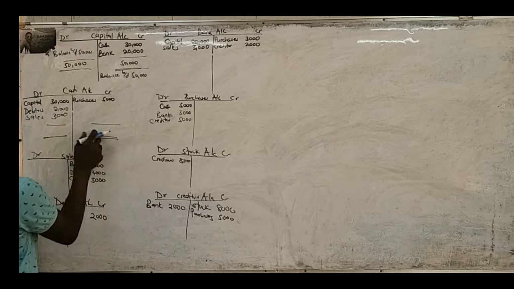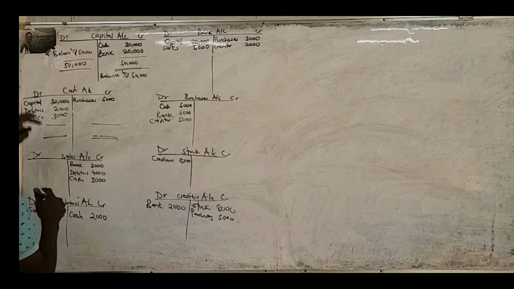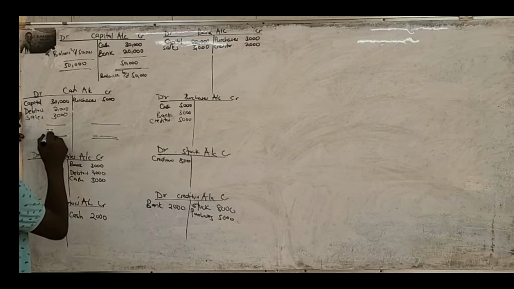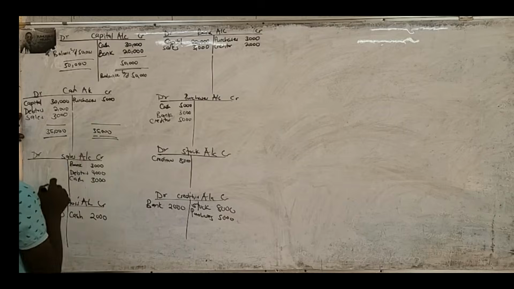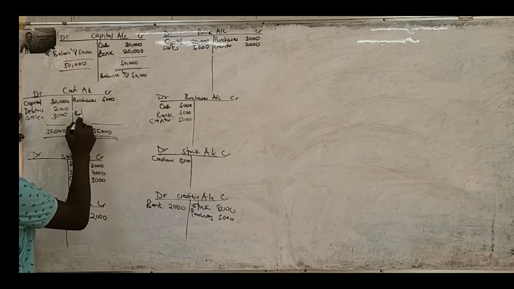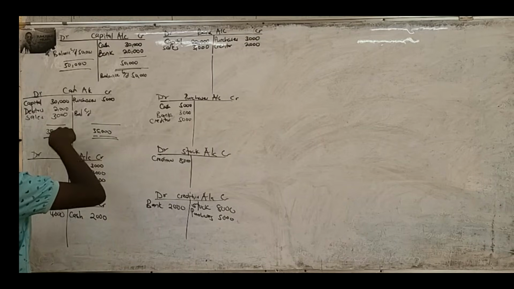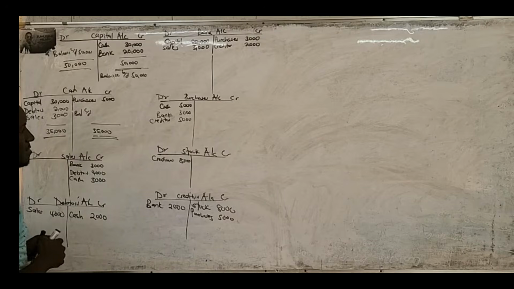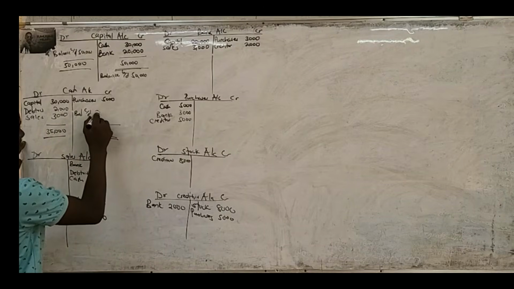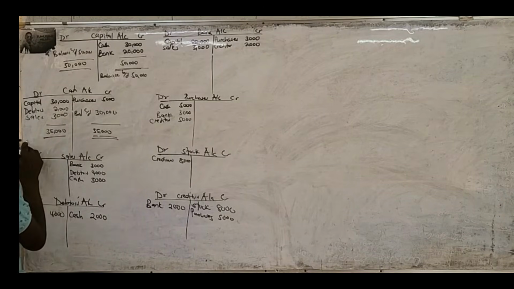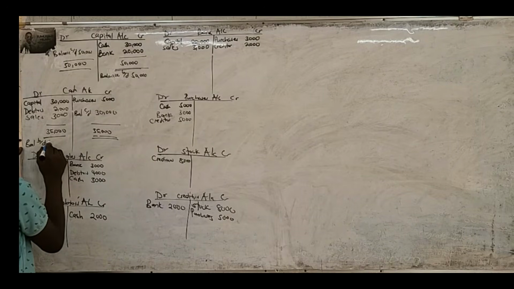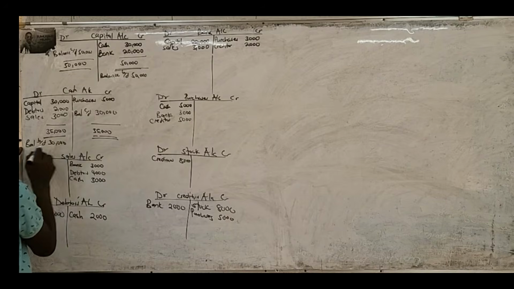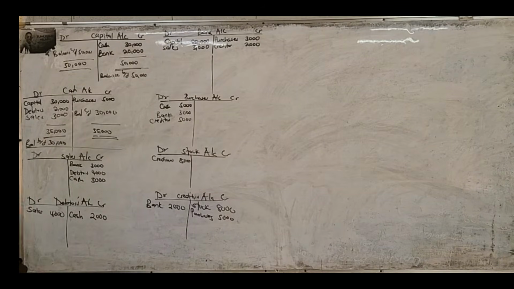We shall take on both sides the side which is heavier. Now this one is heavier, which is 35. Then our balance carried down will be 35,000 minus 5,000, which will give us 30,000. Then our balance brought down will be 30, and you're done balancing off that.